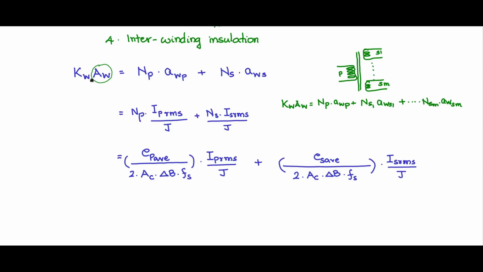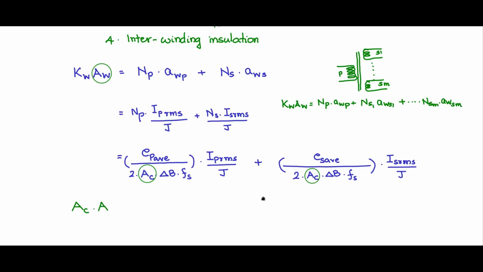Let me bring AW and AC as a product to one side and then put all the remaining terms. You see that the denominator has 2 AC delta B Fs J common, take it out. AC and AW keep on one side.